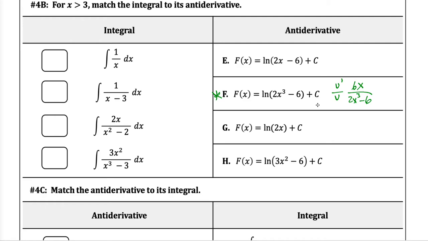Oh yeah, 2. My bad. So just take out a 2 from the 6x. Is there a typo here? There's a 6 on the bottom. Well, it would be 3x over x cubed minus 3. I misspoke. It's 6x squared on the top.